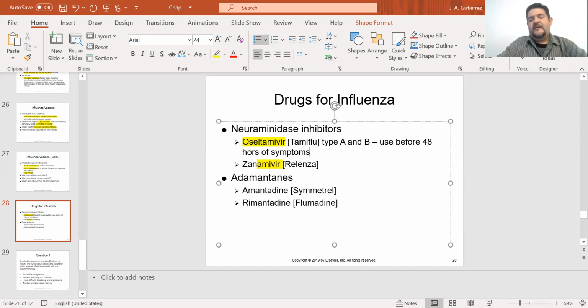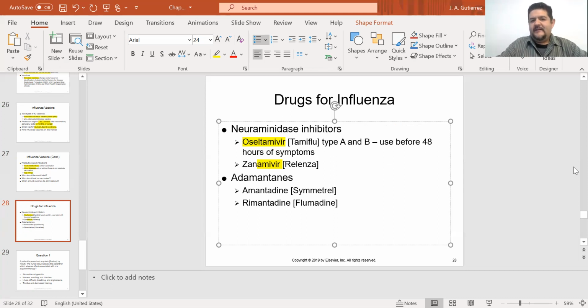symptoms. So if a patient goes to see the doctor and they're saying, "Hey, you know what? I don't feel good," and the doctor tells the patient, "You have the flu." In order for oseltamivir to work properly, those symptoms have to be inside that 48-hour window.